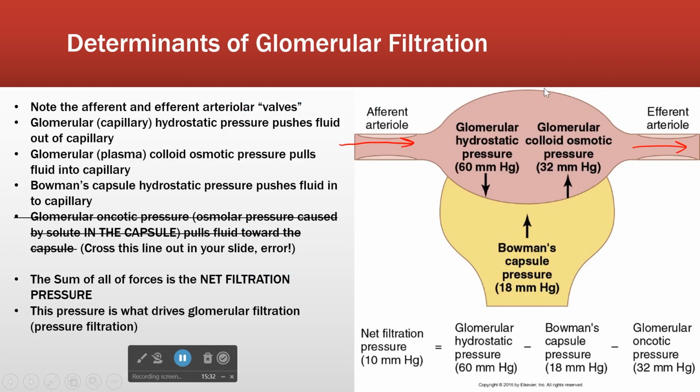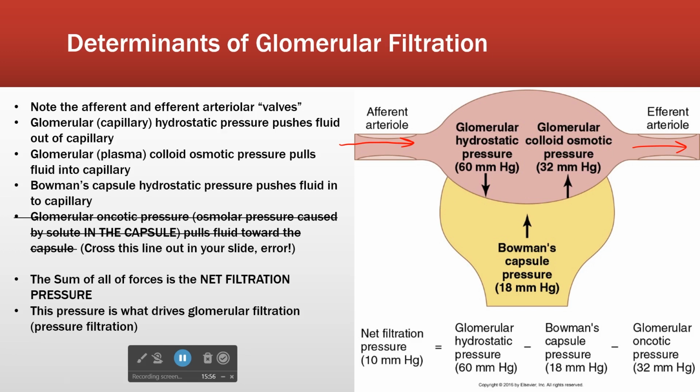Now, we also have glomerular colloid osmotic pressure, just like we have blood colloid osmotic pressure. Same thing. It still is blood. It still is going to have a pulling pressure. So that's going to be an inbound pressure from the solute that's passing through the blood. Then we have the capsule. Bowman's capsule is not very stretchy.